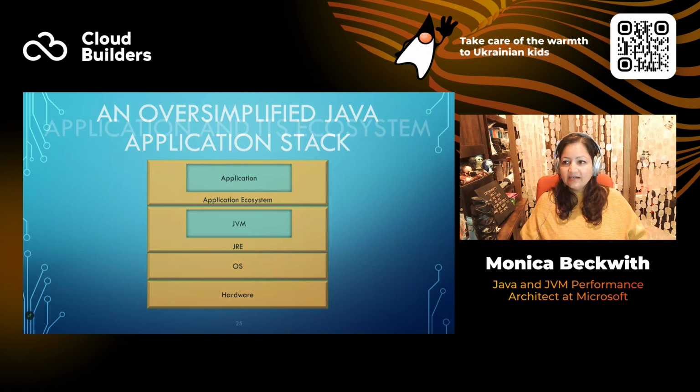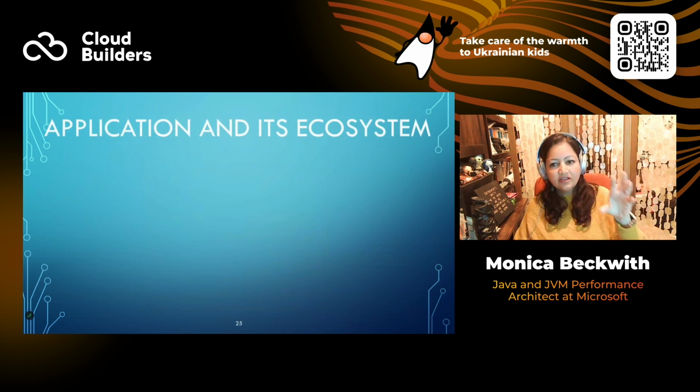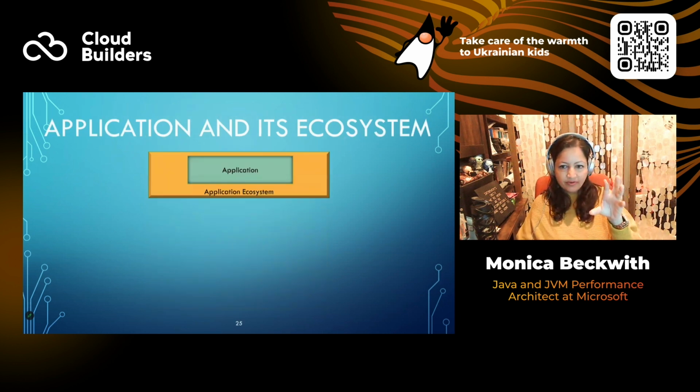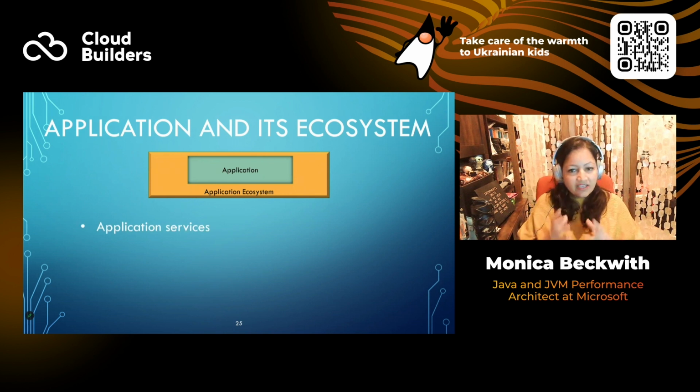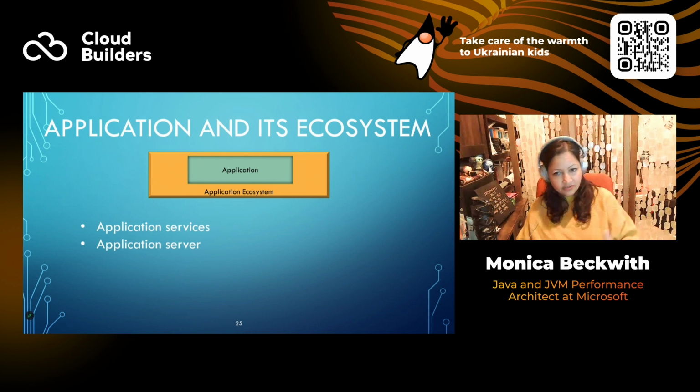Okay, so let's start with the application and its ecosystem, right? What does that mean? Like I said, the application could be any of your services, your microservices, your services that actually interact with your database and other such things. You could be hosting an application server. That could be your application and its ecosystem based on whatever services you're offering.